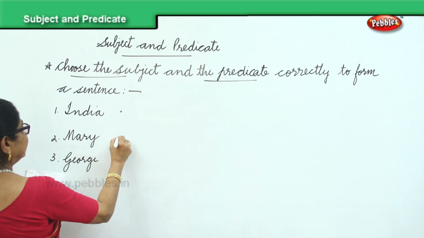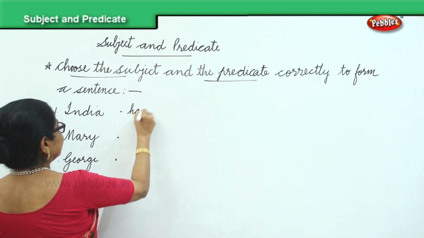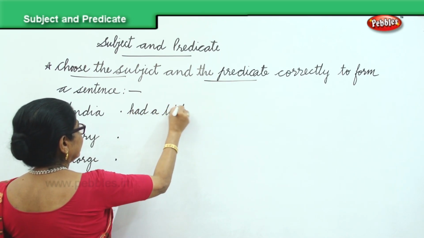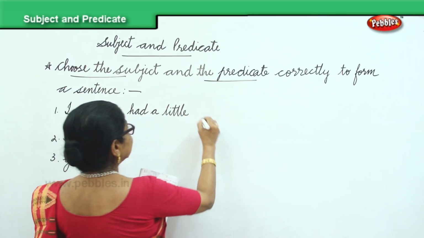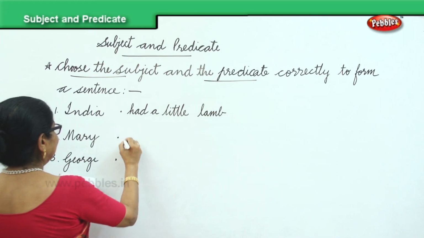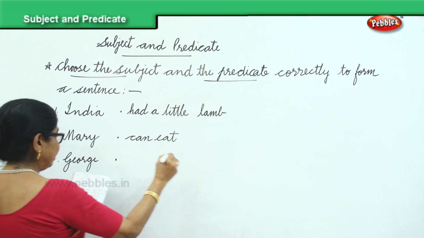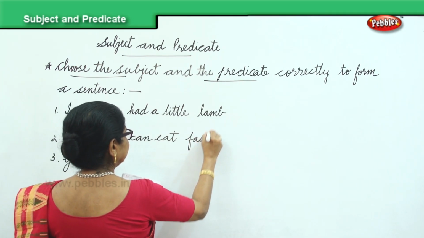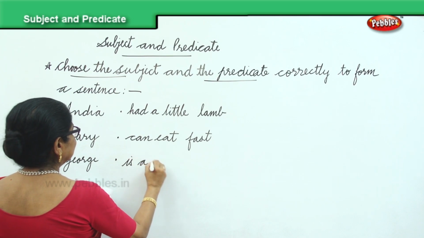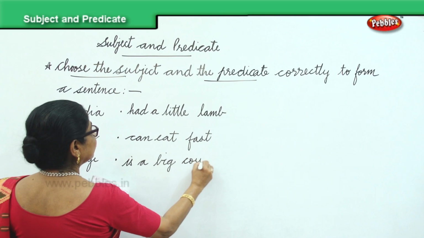And we have had a little lamb. Next you have can eat fast. Then you have is a big city, a big country, sorry.